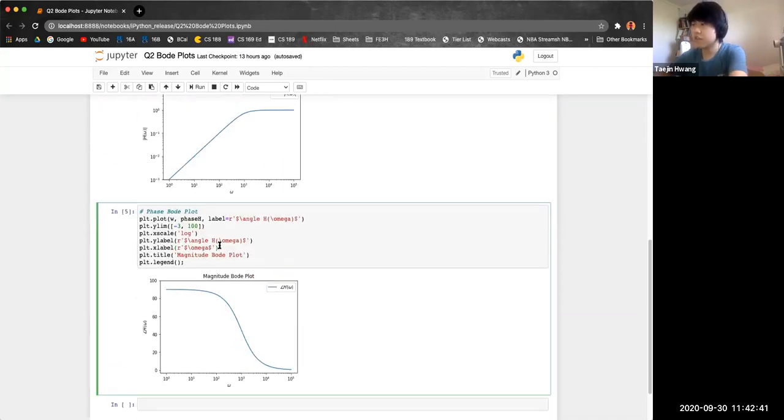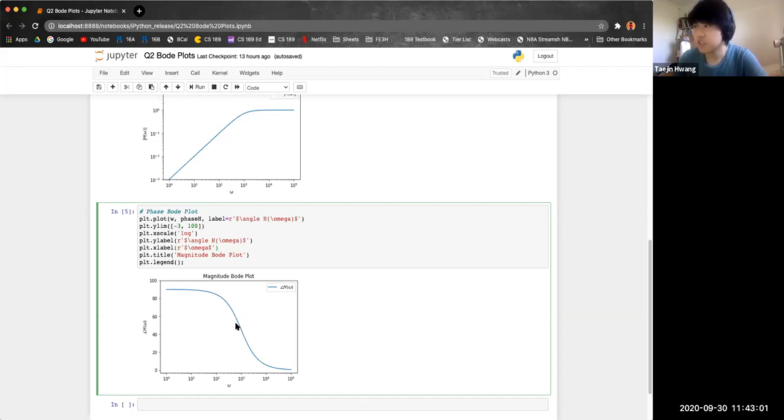And then the phase plot, if you take a look at it, remember how for small frequencies we said the phase was close to 90, as we see here, and it starts dropping off slowly but surely. At around 10 to the third, notice how the phase is 45 degrees.